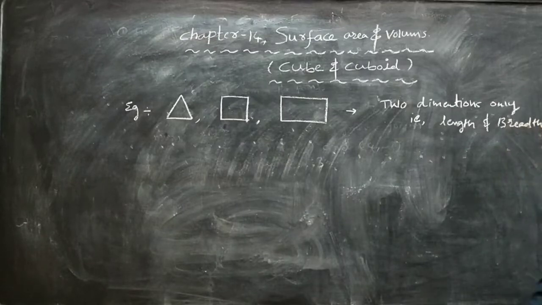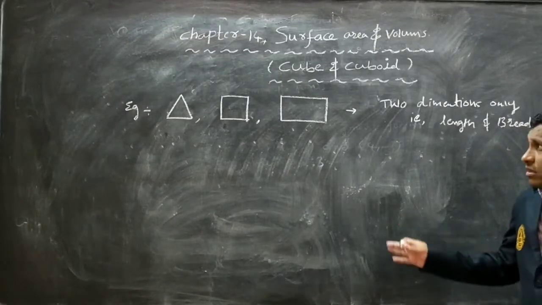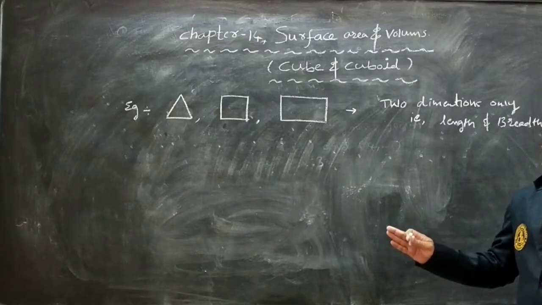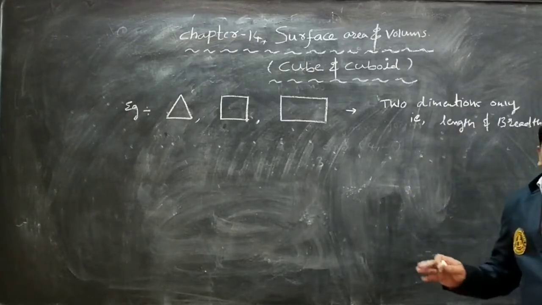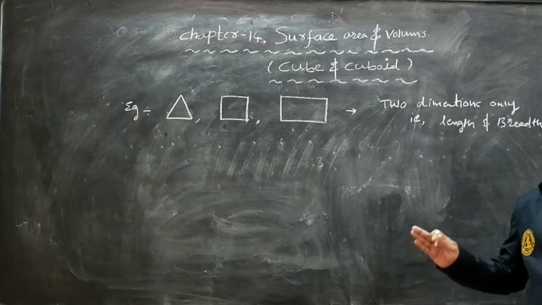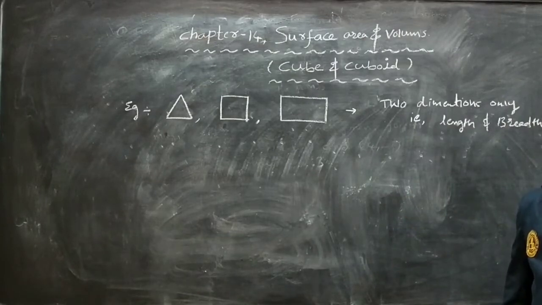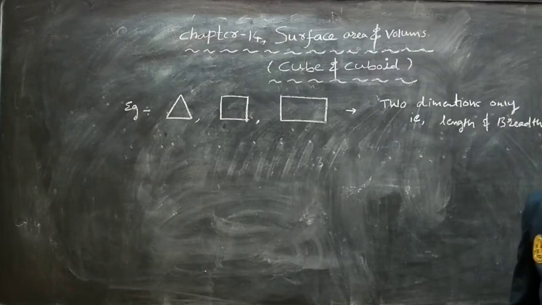If any object consists of only two dimensions, length and breadth, such figures are called two-dimensional figures.